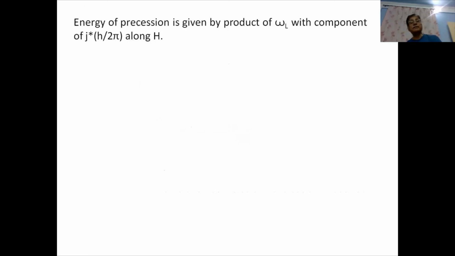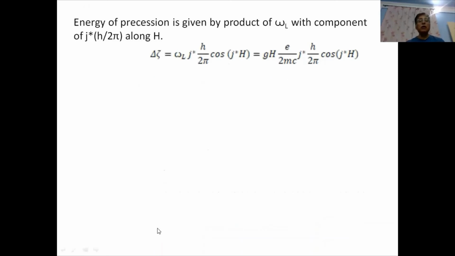Now the energy of precession is given by the product of this angular precession speed with the component of J* h by 2π along H. So the energy of precession will be given by Δτ is equal to ωL, the product of ωL with the component of J* h by 2π along H. So we have J* h by 2π cos(J* H), the component of J* along H. Now from here, for ωL we write G H e by 2mc times J* h by 2π cos(J* H).